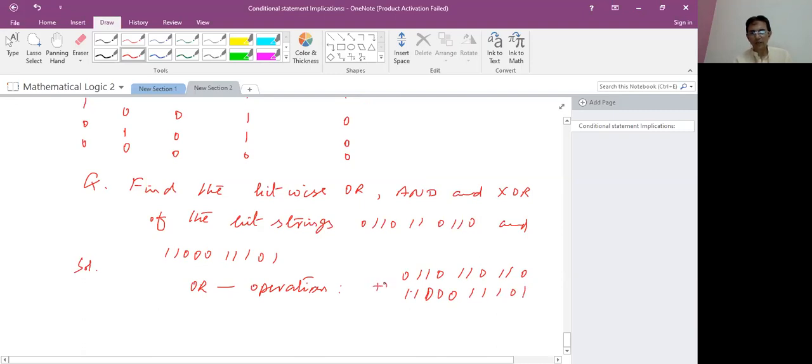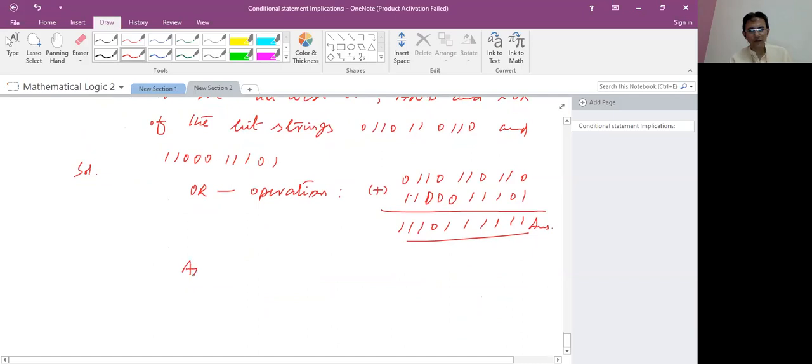OR means student we add together according to the binary system. 1 plus 0 means 1. It is 1. It means 1 plus 1 is 1. We add together, 1 is 1. So we find the answer.